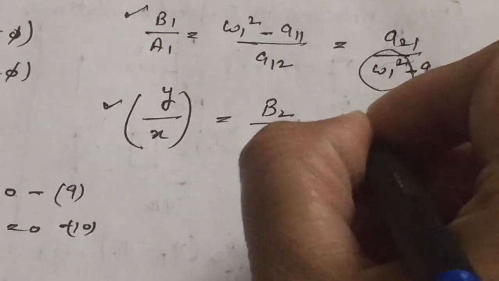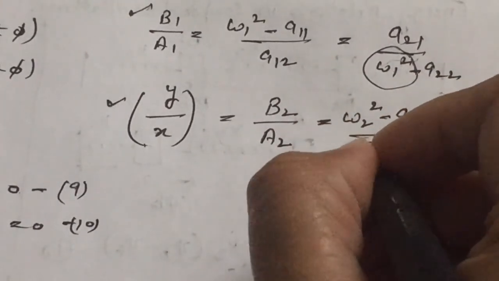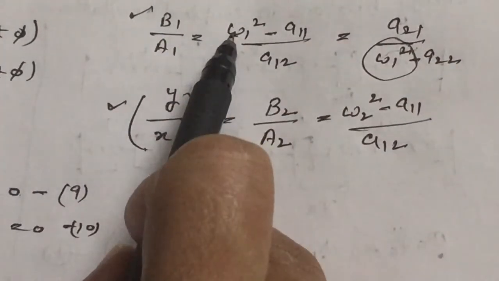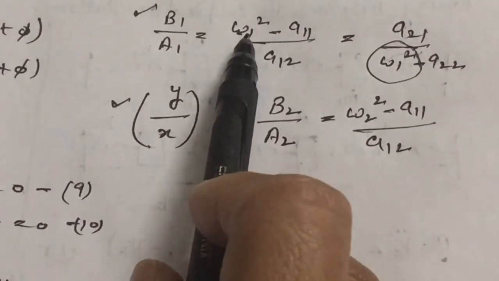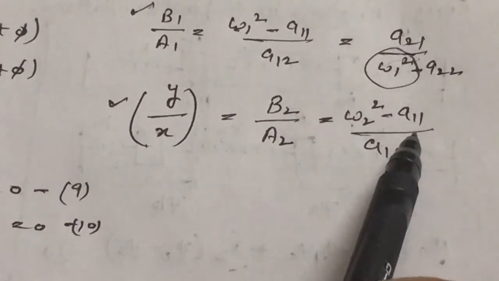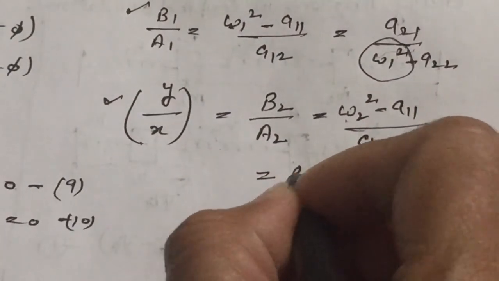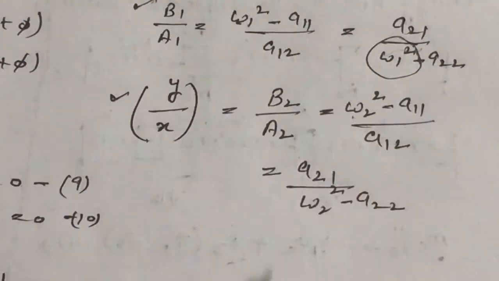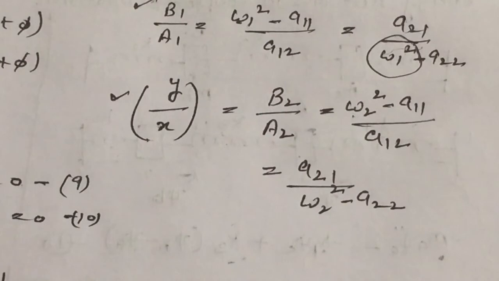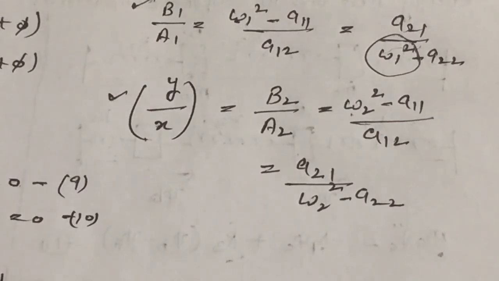Here we will replace omega 1 by omega 2, and we will get this equation. Similarly, from equation number 12, we will get a21 divided by omega 2 square minus a22. These are our two types of simple harmonic motions which are possible for our given system.